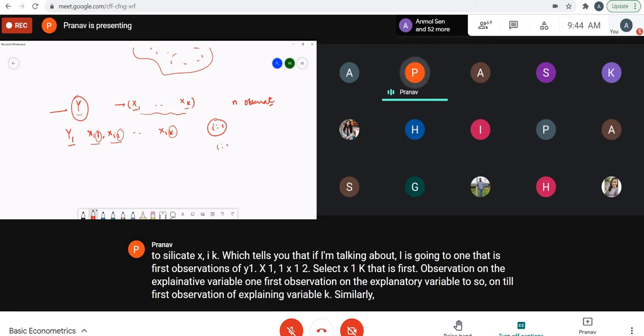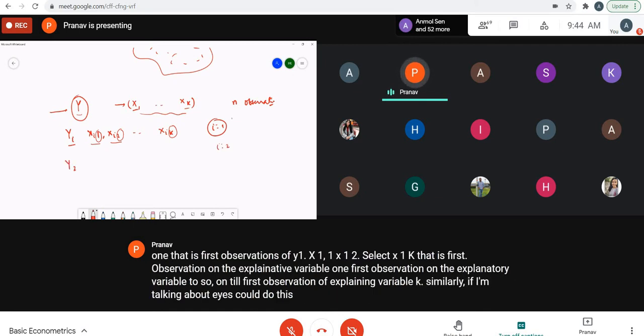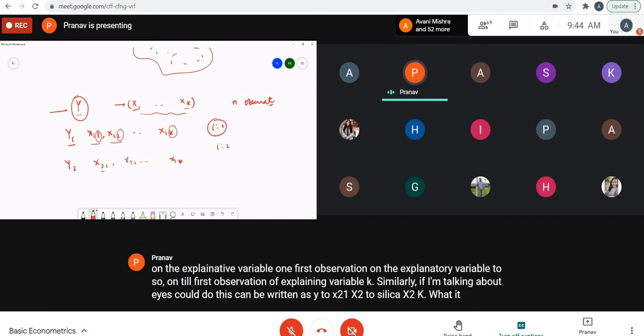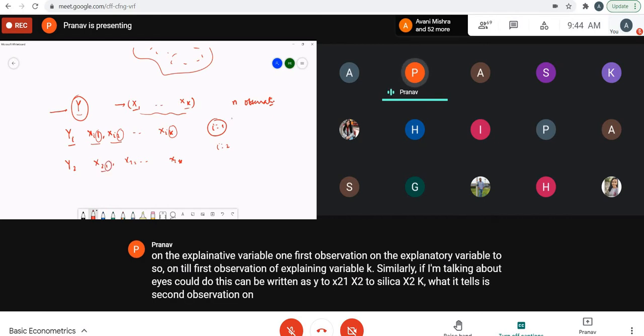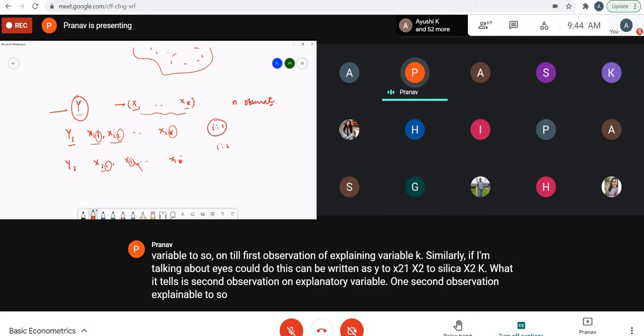Similarly, if I'm talking about i equal to 2, this can be written as y2, x21, x22, till x2k. What it tells you is second observation on explanatory variable 1, second observation on explanatory variable 2, so on till second observation on explanatory variable k.